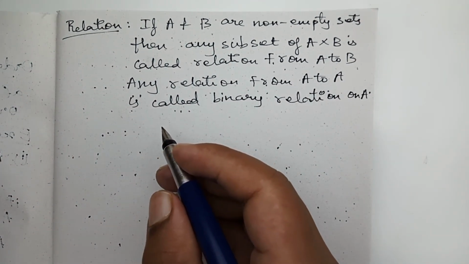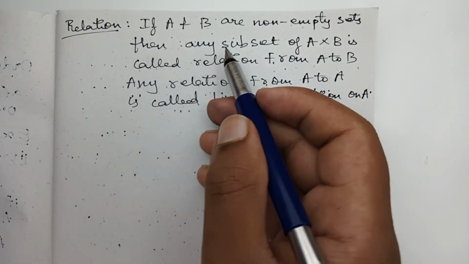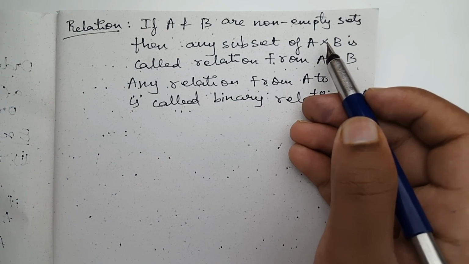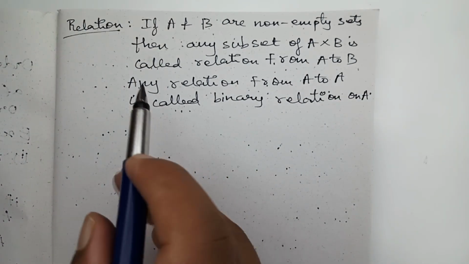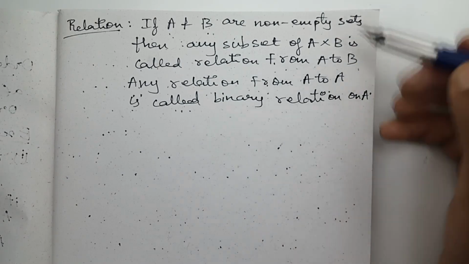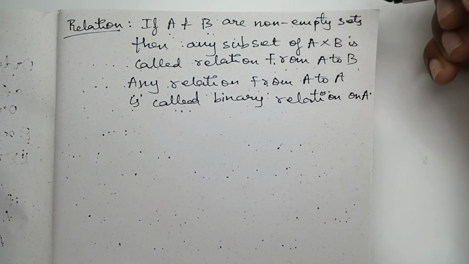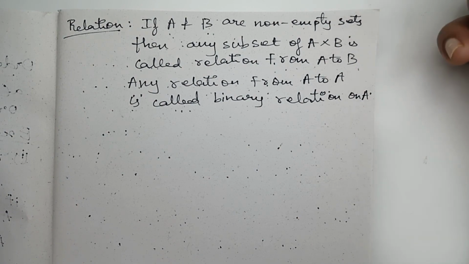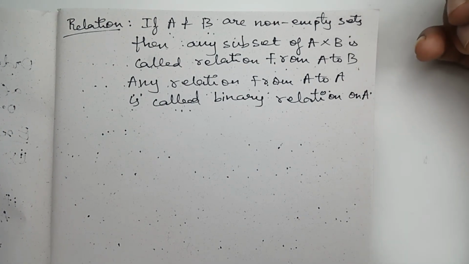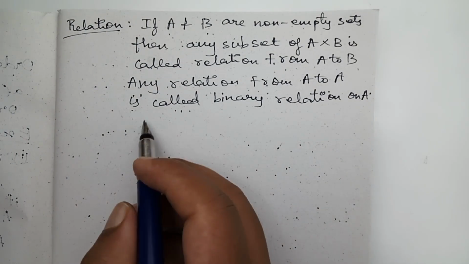Now, if A and B are non-empty sets, it means there is something in both of them, except 0. It is not empty. There may be an algebraic equation or a letter or variable or a number, but not 0 or null.